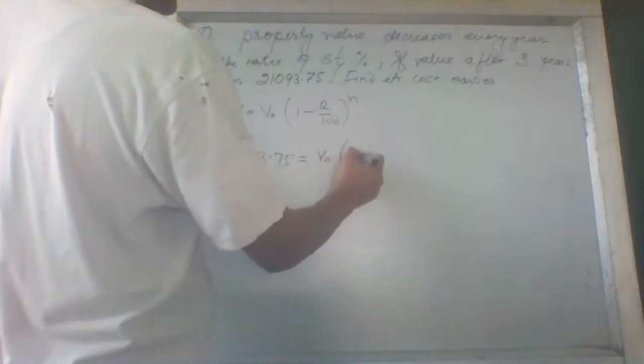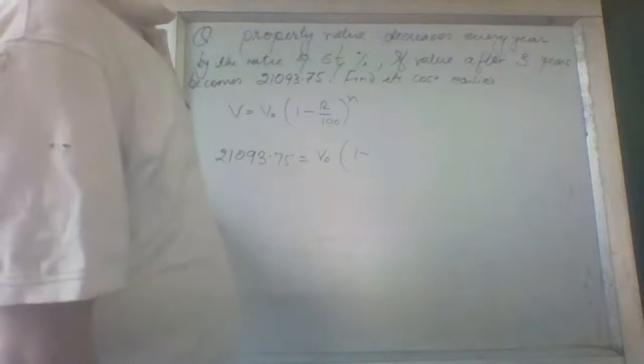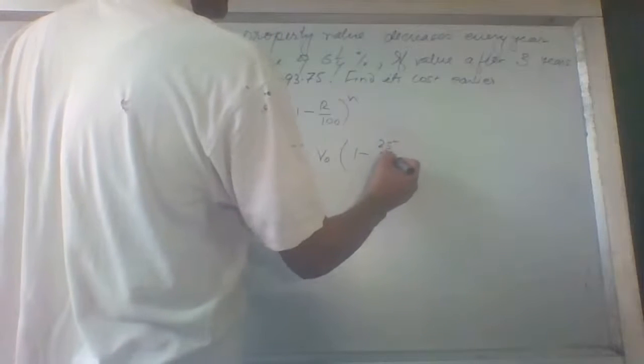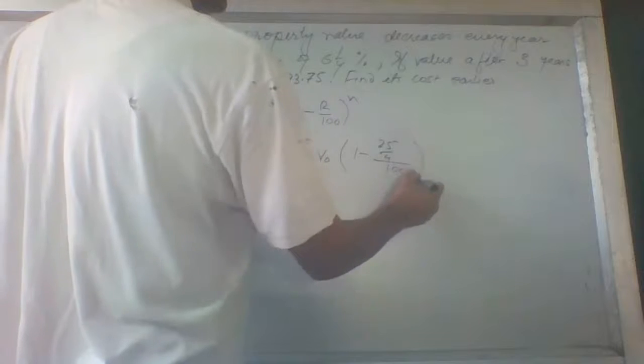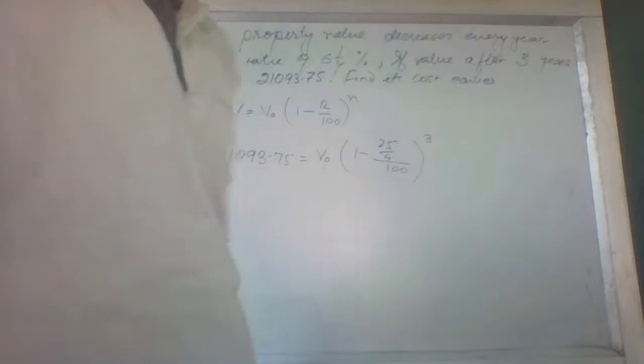So V naught times 1 minus the rate, 25 by 4, upon 100, to the power 3, the number of years.